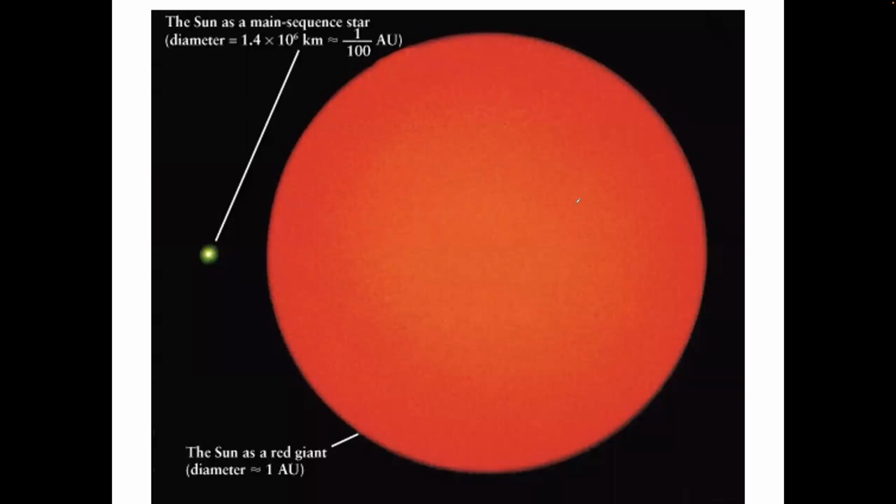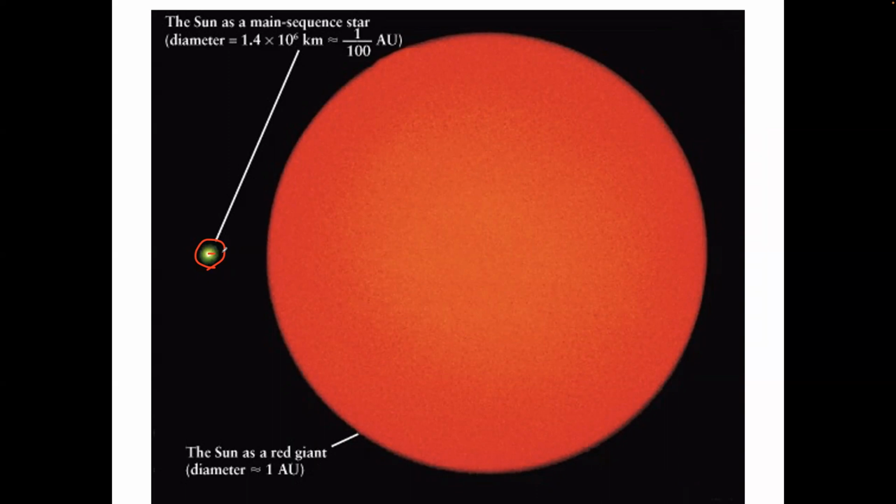And in the picture, I can show you what will happen to the sun when it becomes a red giant, right? So this is how the sun looks when it is in the main sequence. The diameter right now is 1.4 times 10 to the power 6 kilometers, right?